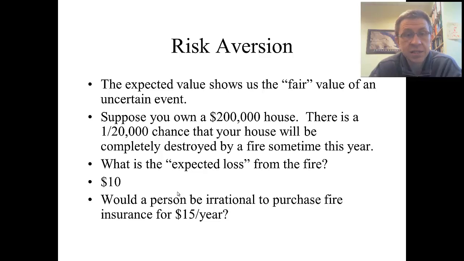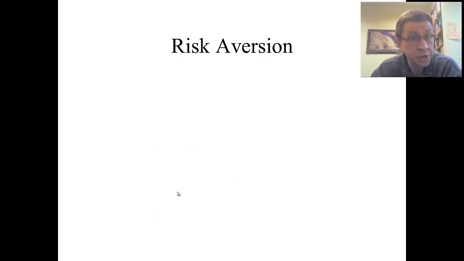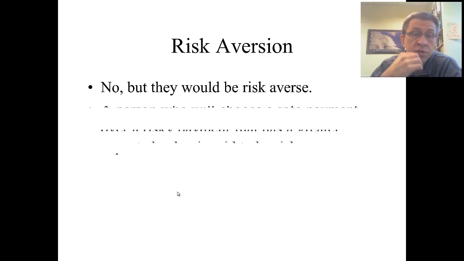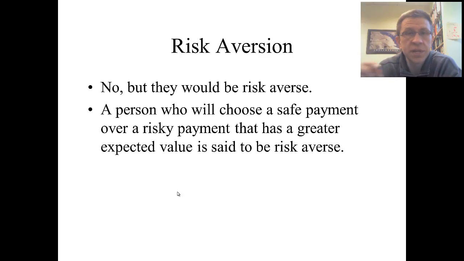To protect against a life-changing loss, $15 is absolutely not irrational. So the person is not irrational by doing this, but they are risk-averse, as most people are, at least slightly. To define somebody as risk-averse, they would be a person who would choose a safe payment over a risky payment that has a greater expected value.